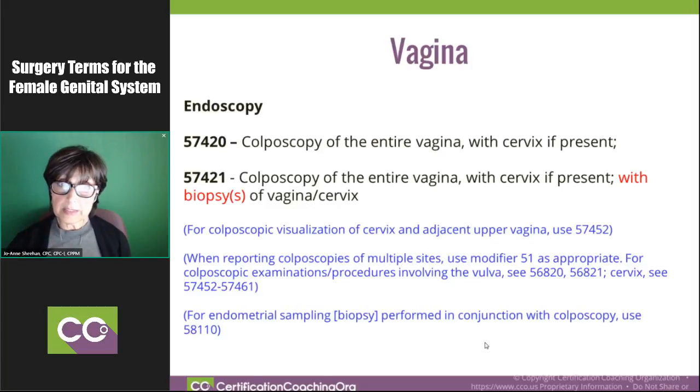Now, with the colposcopy, if you also do an endometrial sampling, and I'm going to be giving you examples because I have some coding scenarios, which is a biopsy performed in conjunction with the colposcopy, you would be coding the 58110 with the colposcopy, but I'll show you that shortly.